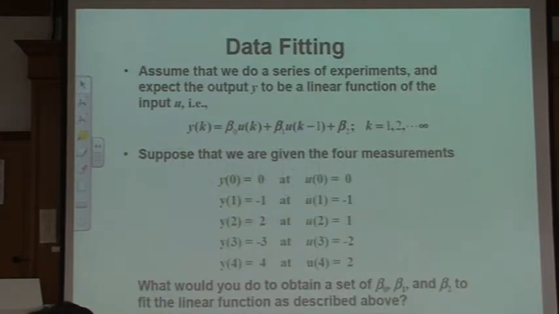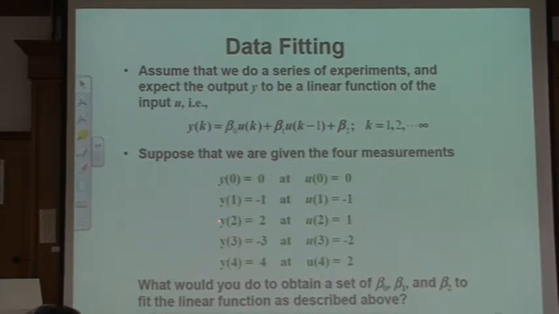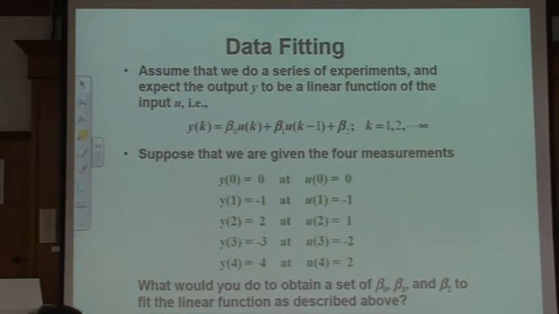Now the other application is data fitting. We can look at this case here. It's very simple. If you do some experiments, you can measure, for example, the following four results. This is the initial condition. This is your observation when you are doing experiments, and you can measure y1, y2, y3, y4.